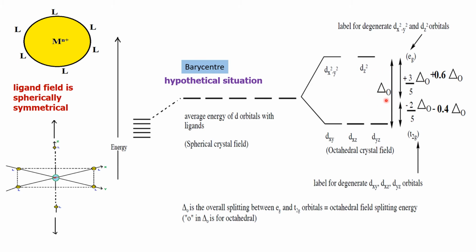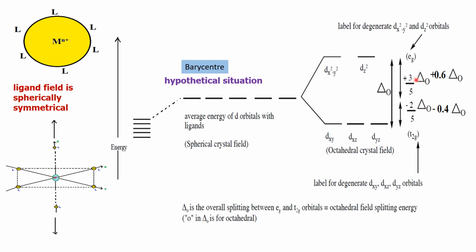So the non-axial T2G orbitals lose energy by minus 0.4 delta O, while the axial EG orbitals gain energy by plus 0.6 delta O, or plus 3 by 5 delta O.